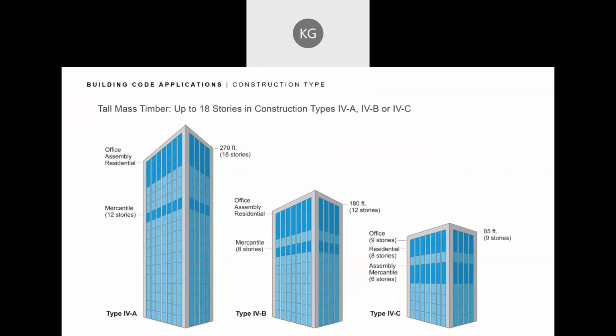What used to be called Type 4 in 2018 IBC and earlier is now called 4HT for heavy timber. And the 4HT still uses the prescriptive sizes that were described in the previous codes. But these 3 new building types allow you to have up to 18 stories and 270 feet of wood construction, which is awesome. And it's primarily done in mass timber.